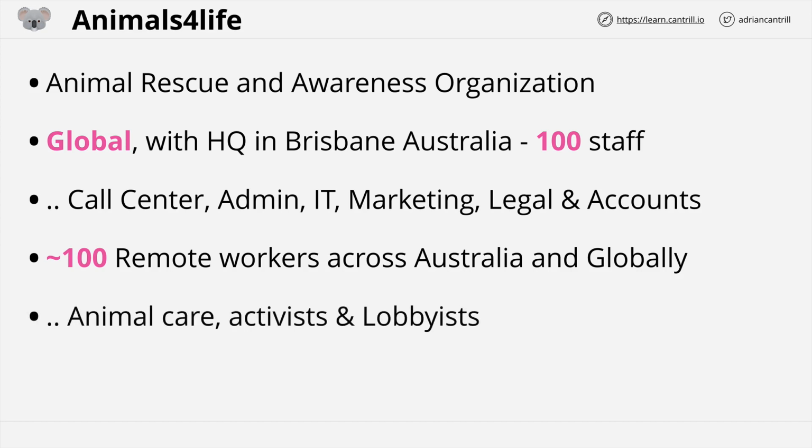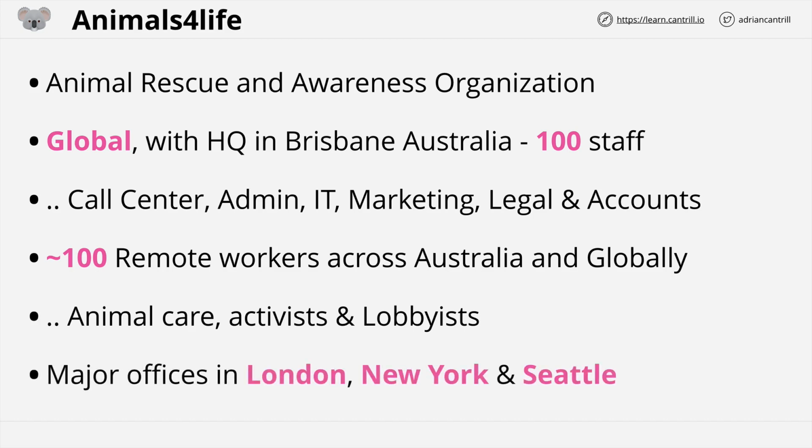Now, these remote staff are a mixture of animal care workers, vets and research scientists involved in data gathering work. In addition, the organisation has a number of political lobbying staff to influence government policy. The business has major offices in London as well as East and West Coast US, specifically New York and Seattle.